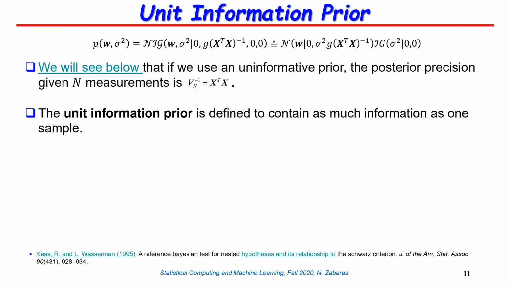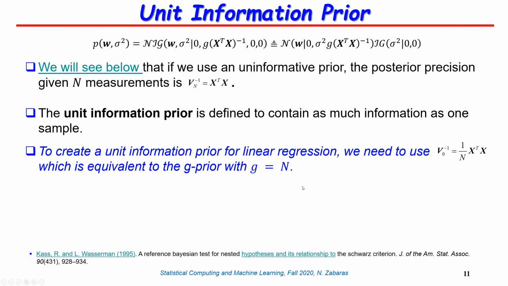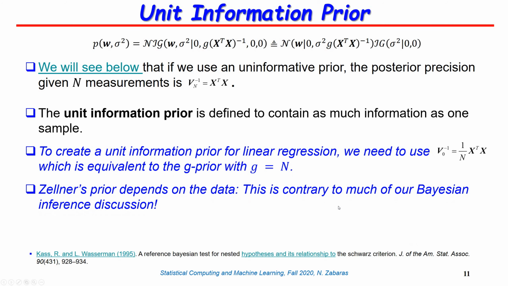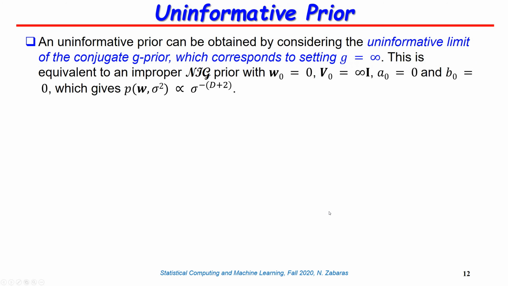You can think of the posterior precision as being n divided by n of X transpose X, and in the case of the prior we get a precision that's 1 over n X transpose X, so that corresponds to the precision of one data point. Okay, that's nothing significant, but this is a very popular prior, so the more you know, the better off you are.